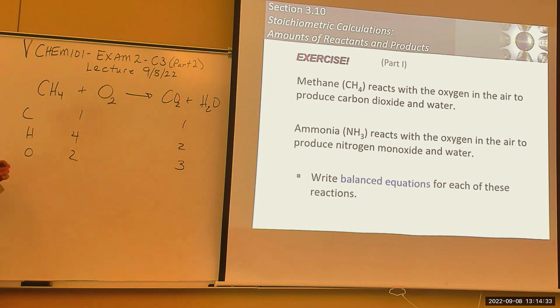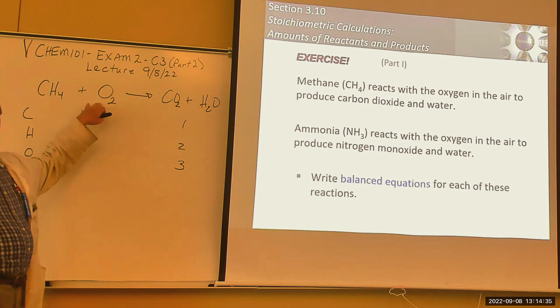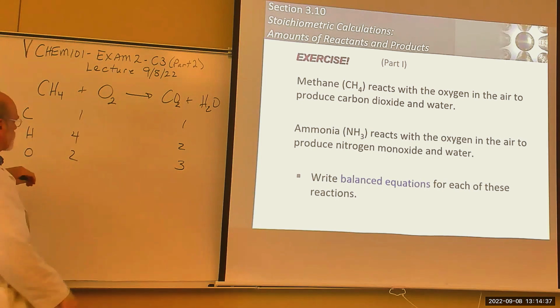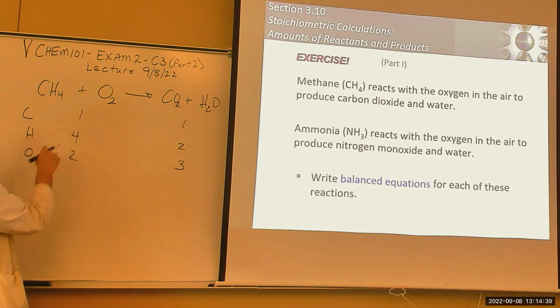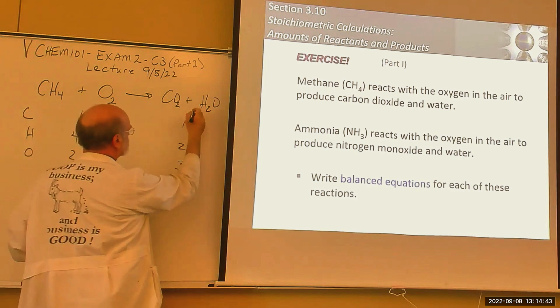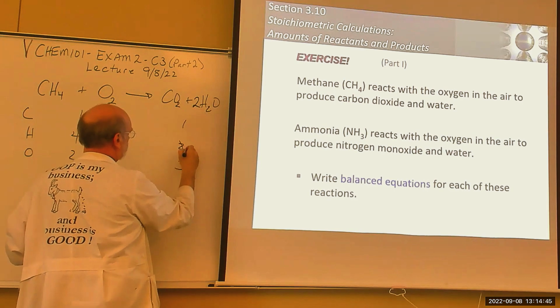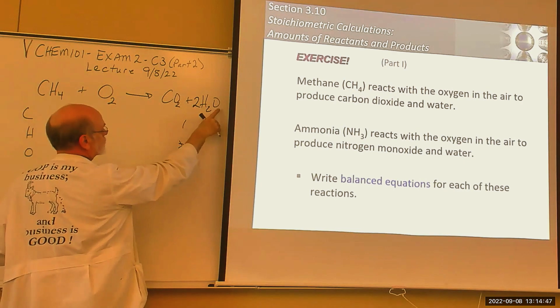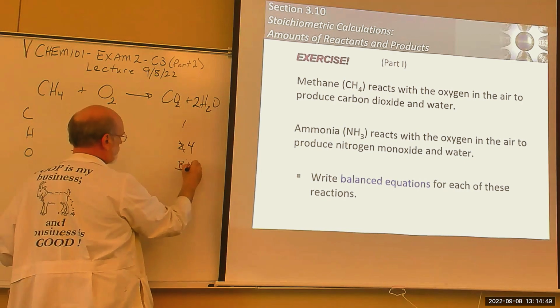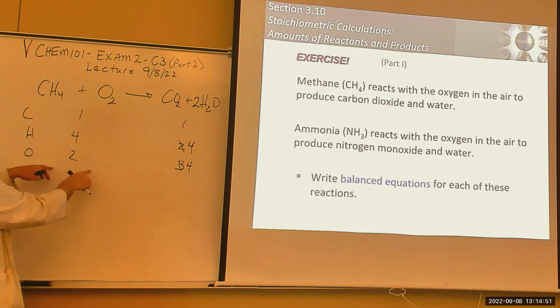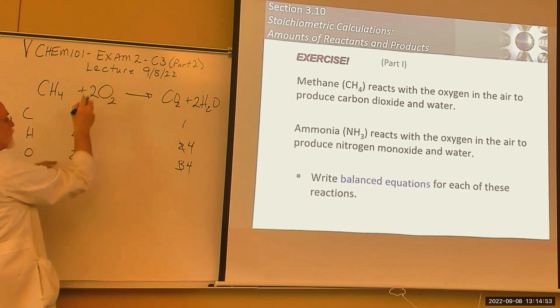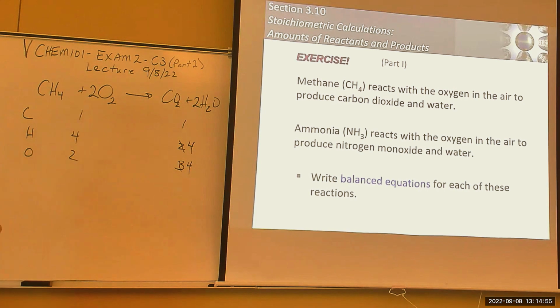We're going to hold this one till last, right? Because it's an element. Carbon's okay. Maybe we'll do hydrogens first. 4 hydrogens here. We need 4 hydrogens there. That changes the oxygens. 2 plus 2 is 4. Now we need 4 of these. So I put a 2 there. I got 4 oxygens. Now we're balanced.